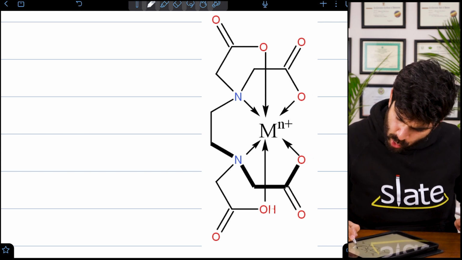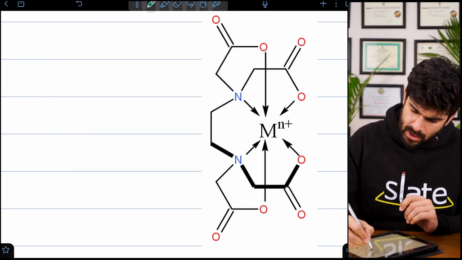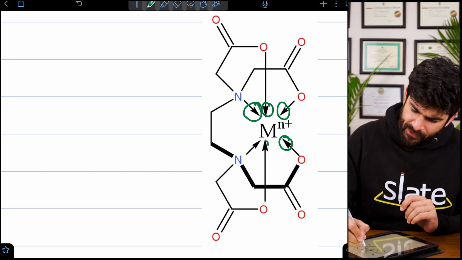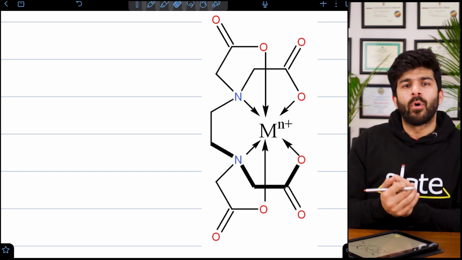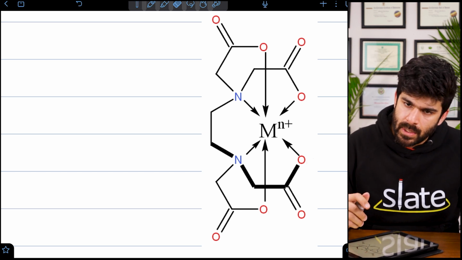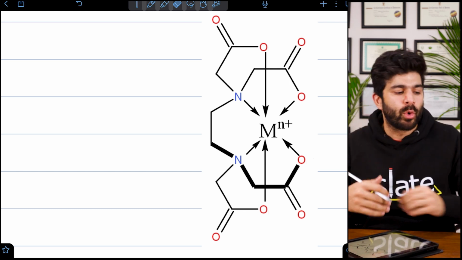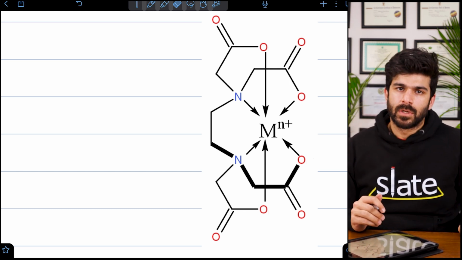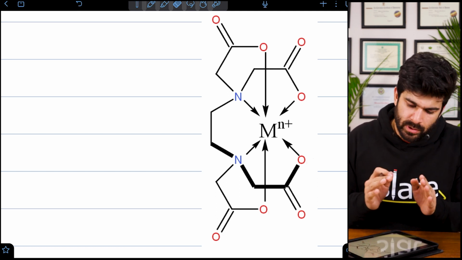And you can see quite well that there are 6: 1, 2, 3, 4, 5, 6 dative bonds that one EDTA can make. And the transition metal needs to have a coordination number of 6. So that is what a ligand is all about.